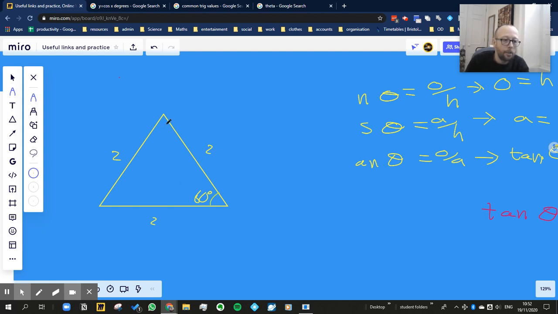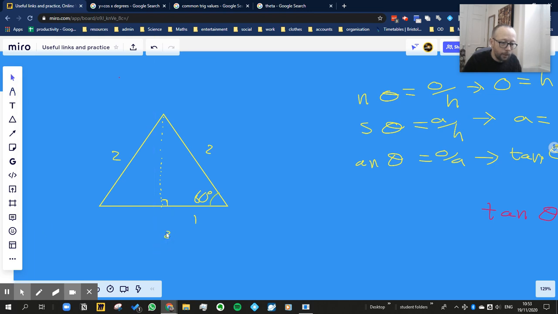Now, what we're going to do next is chop it directly down the middle. Oops. Well, we're going to try to chop it directly down the middle. And if I did, then this is now a right angle. And over here, this is going to be a value of 1. Oops, let's delete that.